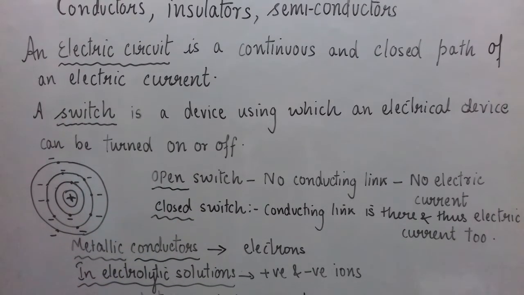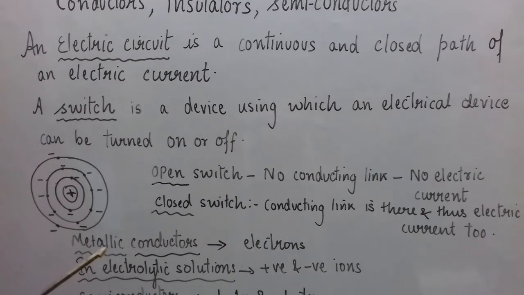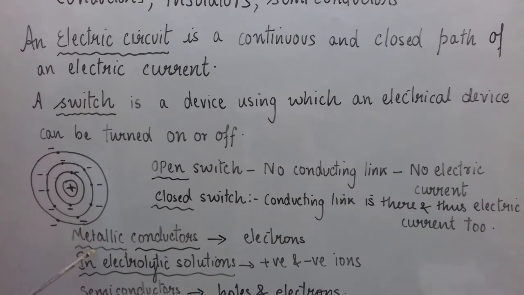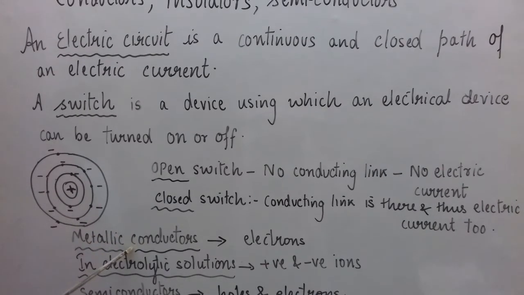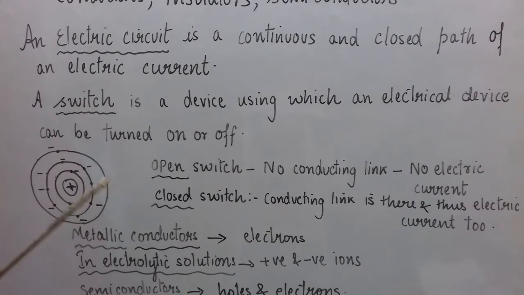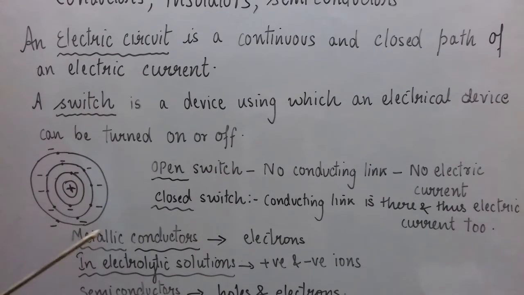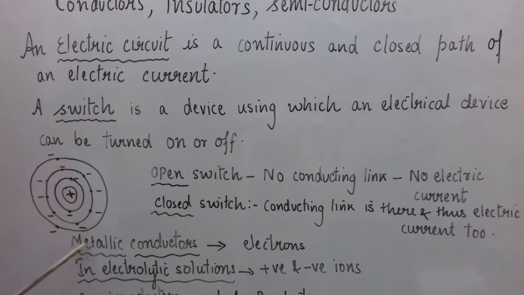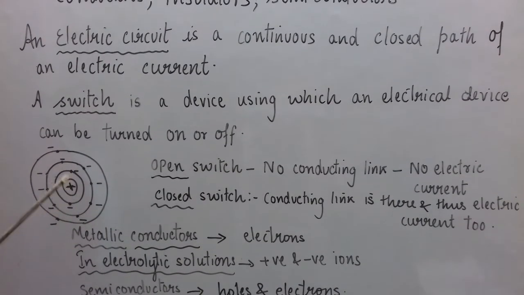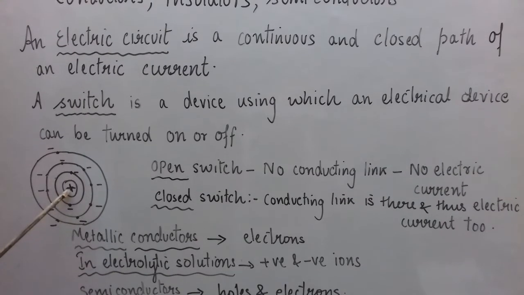Now, there are different types of conductors, like we talk about metallic conductors. We know all metals generally are good conductors of electricity. So in metallic conductors, suppose let us talk about an atom. I have drawn a rough diagram here. We know that in an atom there is a nucleus which has protons which are positively charged.